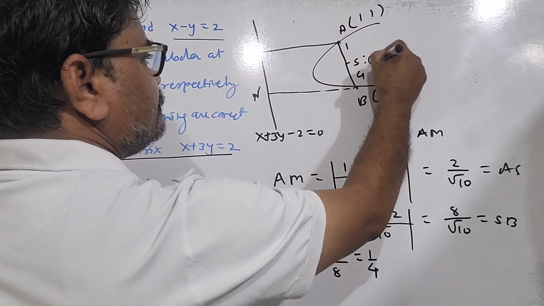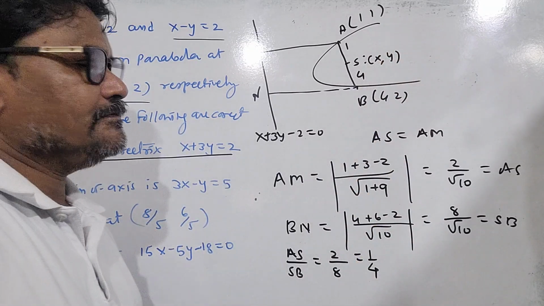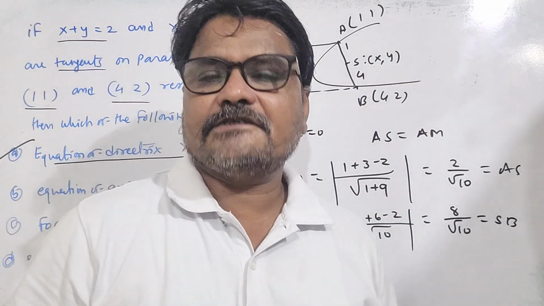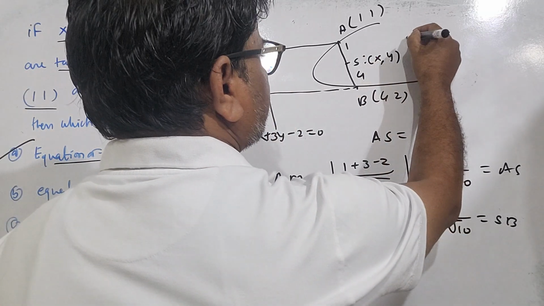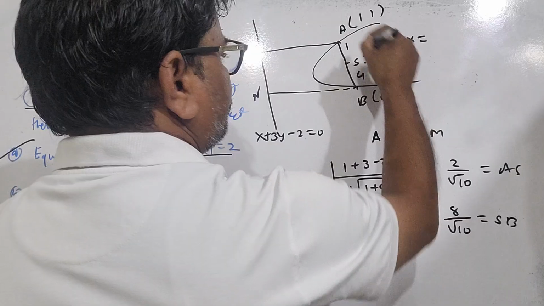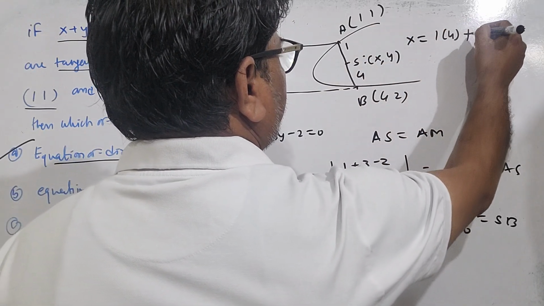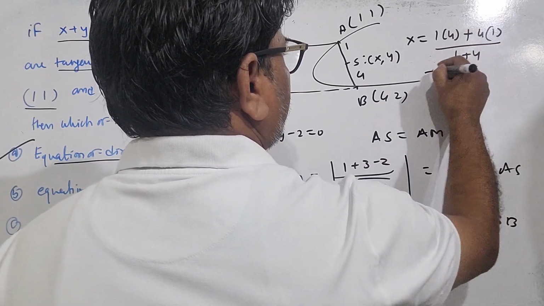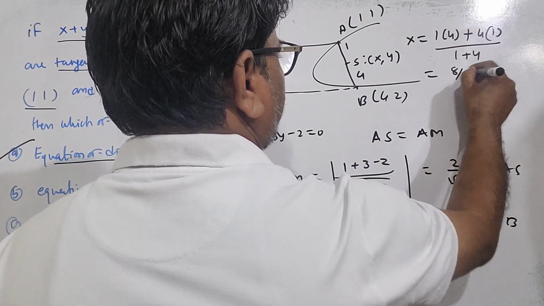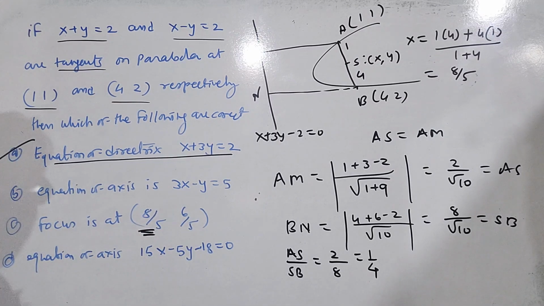Therefore I can find the coordinates of the focus by using the section formula. Correct? So 1:4, that is x equals (1 into 4 plus 4 into 1) divided by (1 plus 4), that is 8 by 5. That is the focus x coordinate.